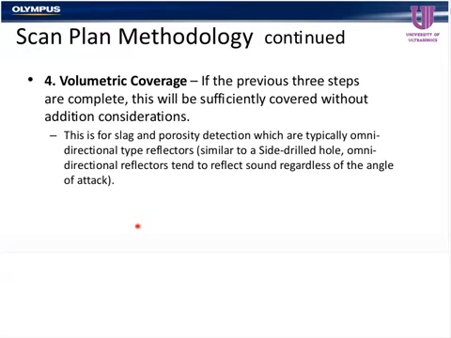Now obviously that'll change inside of a part. We know that flaws move a little bit, but in most cases that's what we find with volumetric type indications, which is what we're looking for in the body of the weld. So here, what we look for is just to ensure that the full body is sufficiently covered. And that is the 4 pieces of criteria that we try to use to develop the scan plan.